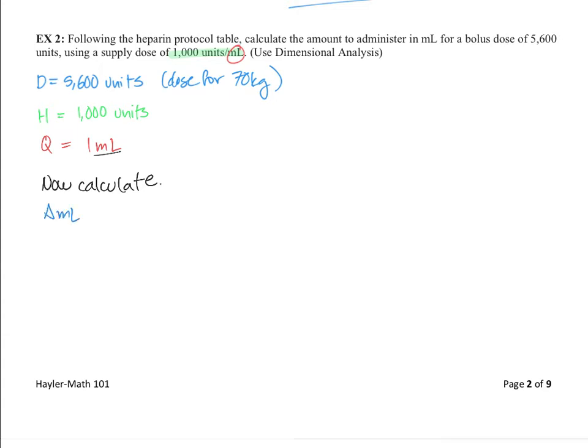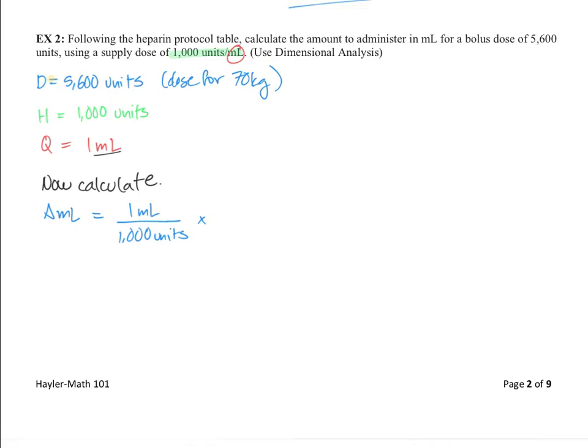Remember A. We didn't have to convert any of the units, so we're going to go ahead and use the dosage unit, which is 1 milliliter per 1,000 units. We'll go ahead and multiply that by the other factor we have, which is our 5,000 units.